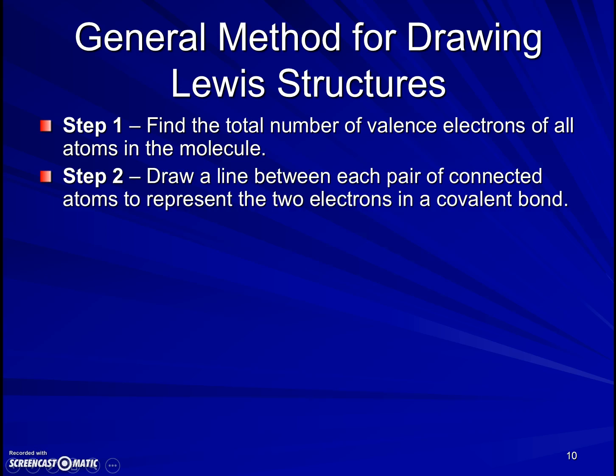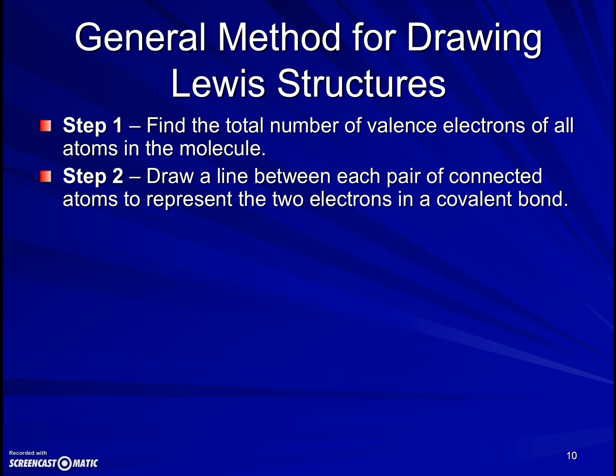The first thing you'll do is add up the number of valence electrons total for the whole molecule. So for example, CH4, hydrogen has 1 valence electron. There's 4 hydrogen, that's 4 valence electrons. Carbon has 4, so that's 8 for the whole molecule. In Lewis structures, we're going to represent each valence electron. A line between two atoms represents a pair of electrons, and a dot represents a single electron, and usually we'll write our dots in pairs.